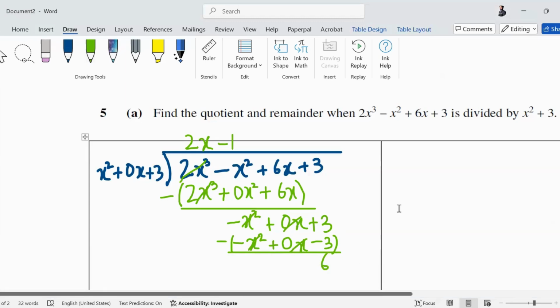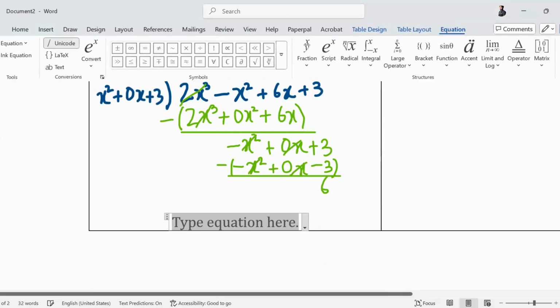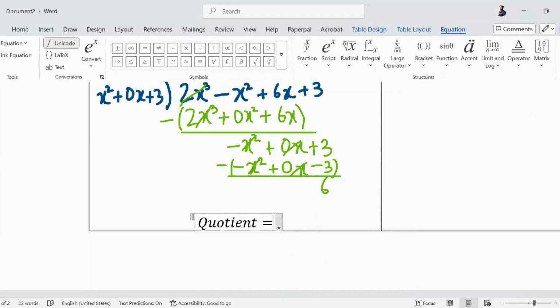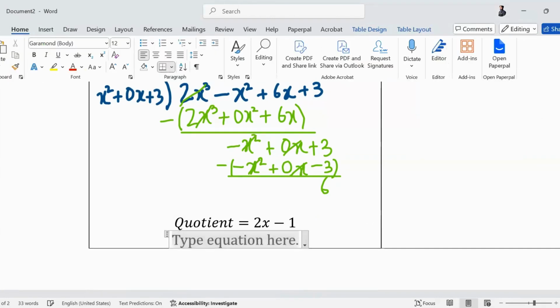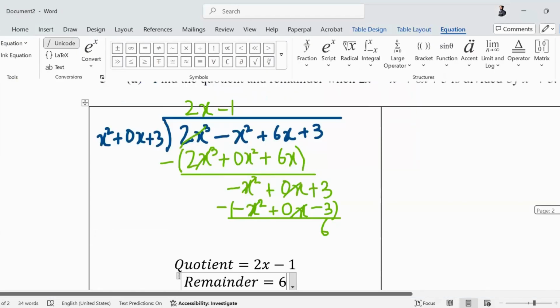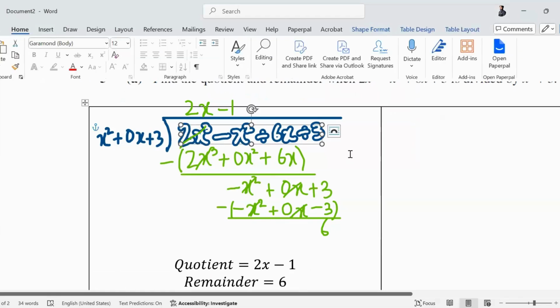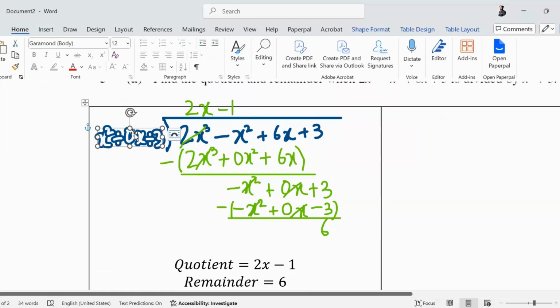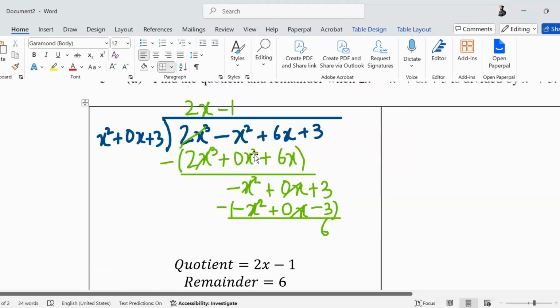So my quotient is 2x minus 1 and the remainder is 6. Is this clear now? If you ever get such a question in which one of the terms from the middle is missing, either in the polynomial, which is called the dividend, or in the divisor, you always write it with a 0 coefficient to help you reduce your own error. Is this clear?